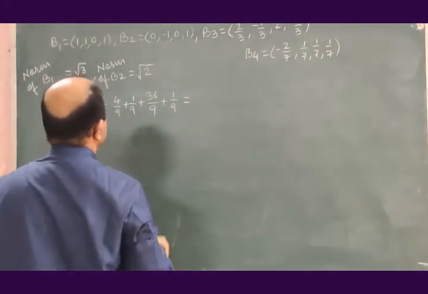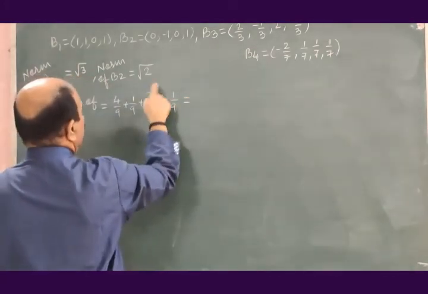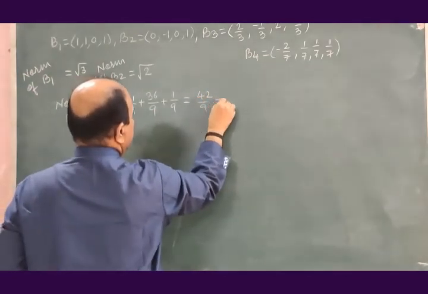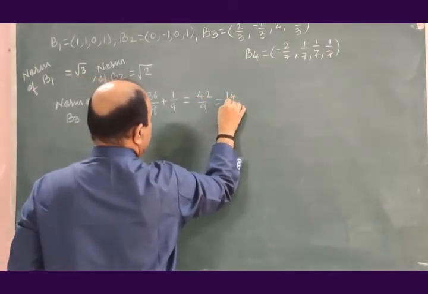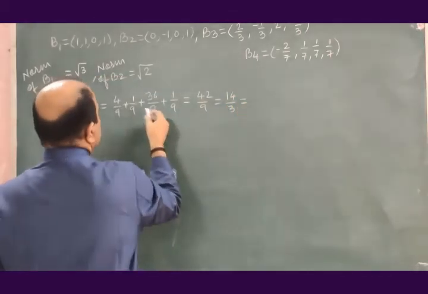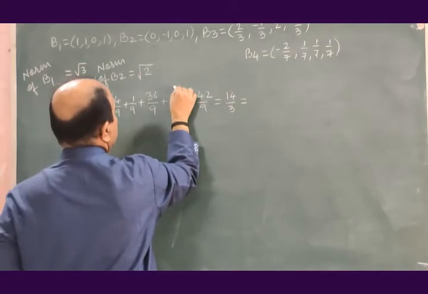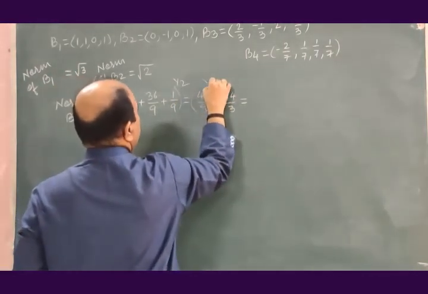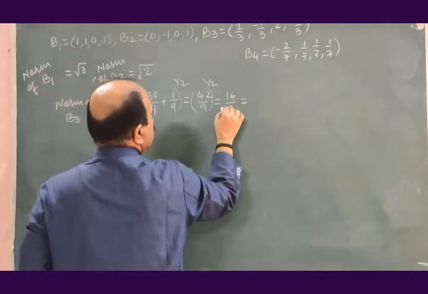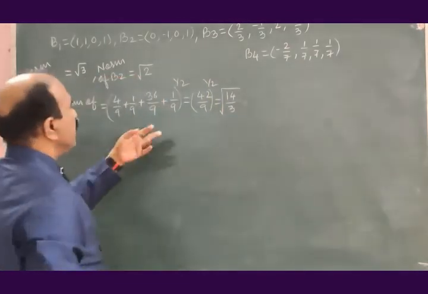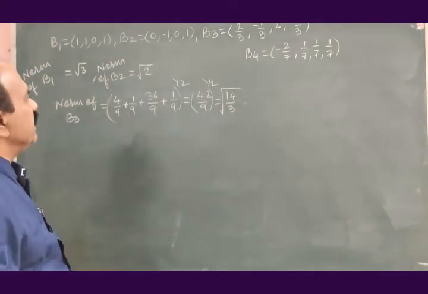This is equal to 42 divided by 9, that is 14 divided by 3, the whole to the power 1 by 2. So the norm of B3 is the square root of 14 by 3.